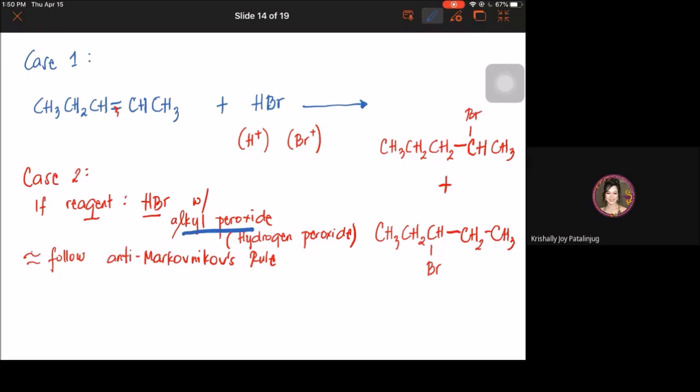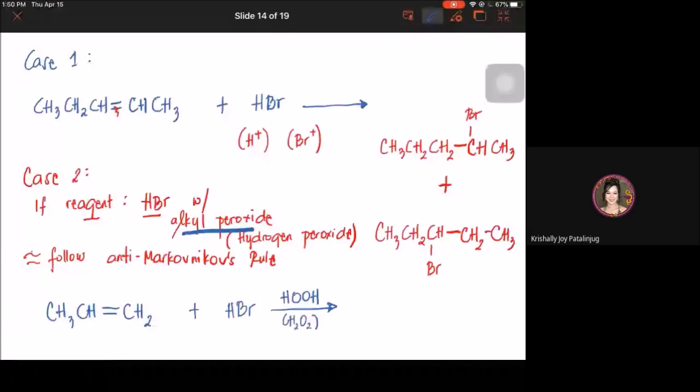So let's say, for example, the structure of alkene is this condensed structure, CH2. Okay, then added with hydrogen bromide, and inyo makita sa reaction, okay, it is added with hydrogen peroxide. Okay, that is the simplest alkyl peroxide or this is H2O2.